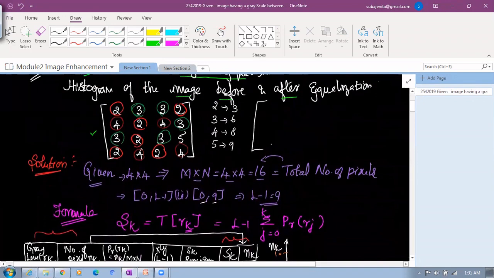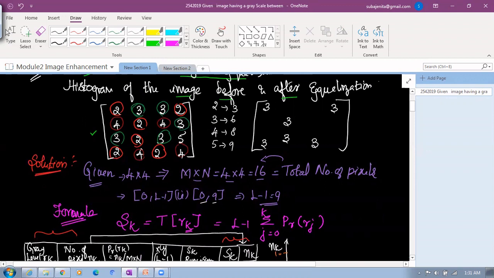Hence, the output image segment will be, let me replace all 2 by 3 first. And then 3 replaced by 6, hence let me replace 3 by 6.